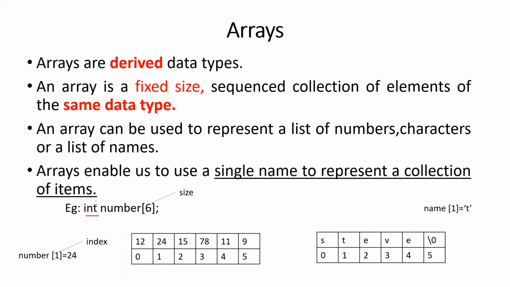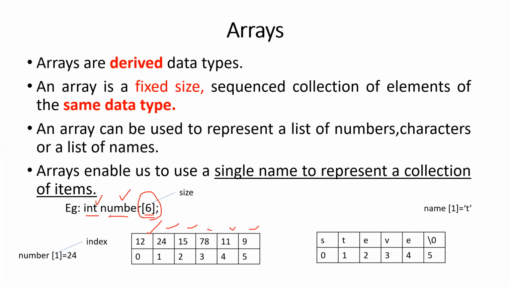It is an integer data type and an array of size 6 which is declared, so I will be able to represent 6 elements with a single name called number. What are those 6 numbers? 12, 24, 15, 78, 11 and 9.